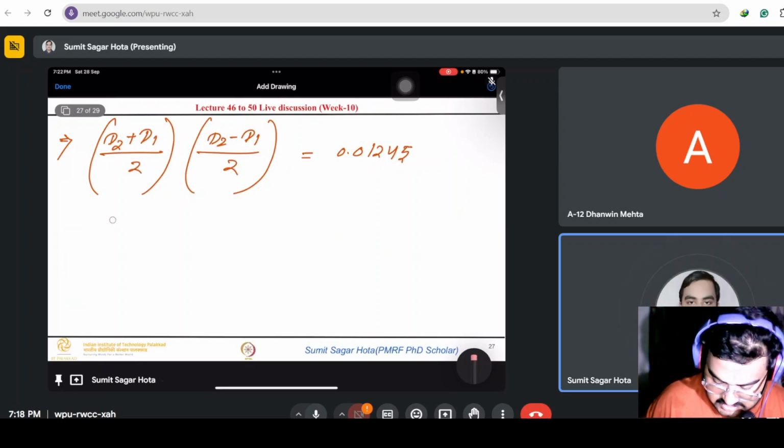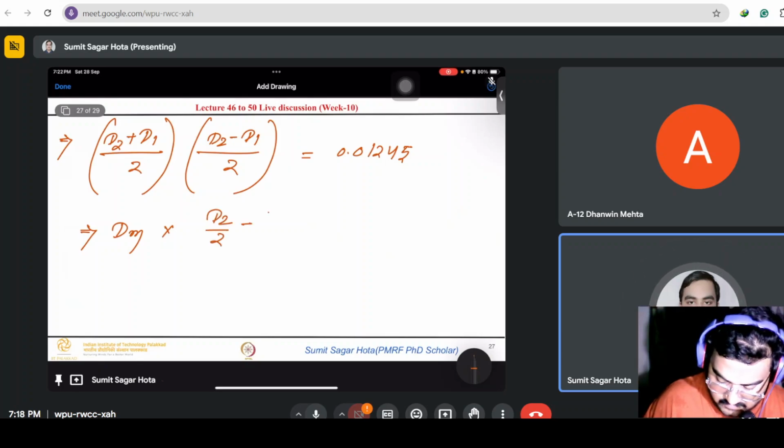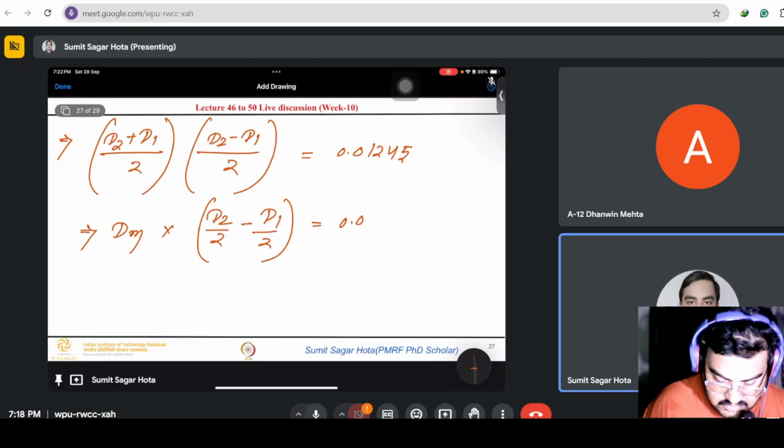What is d2 plus d1 by 2? It is your dm, into d2 by 2 minus d1 by 2, equal to 0.01245.